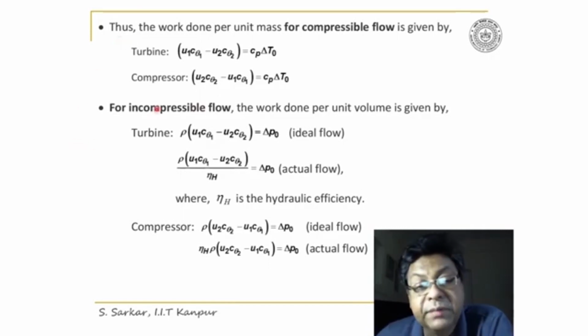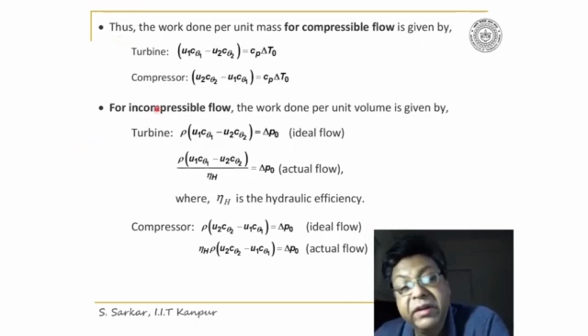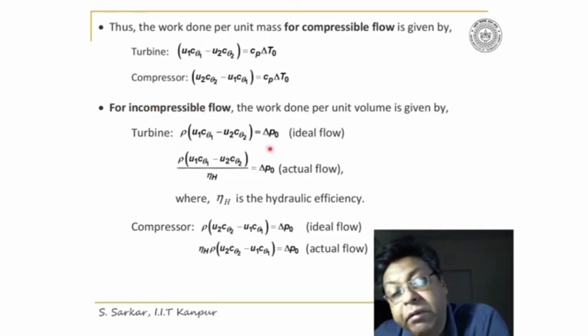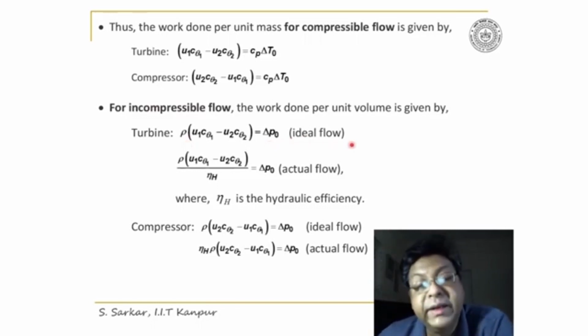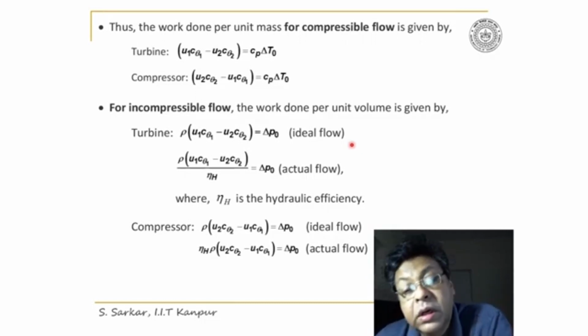For incompressible flow, the work done per unit volume for a turbine will be multiplied by rho and equated to delta P0 for an ideal situation, where delta P0 is the pressure drop across the impeller.